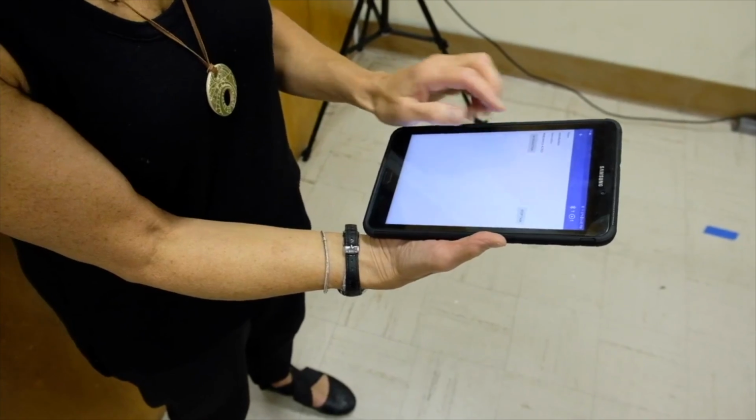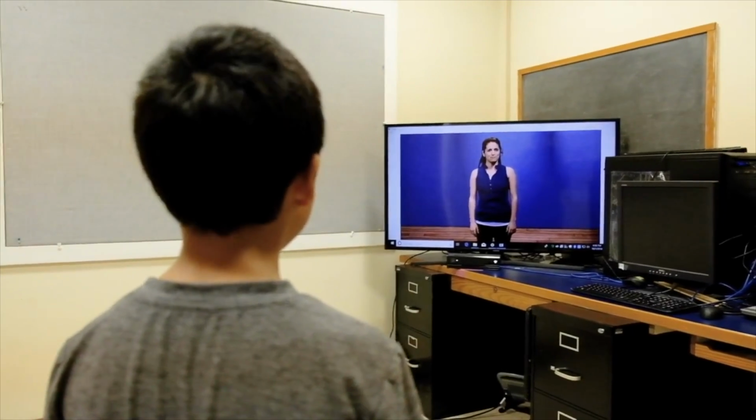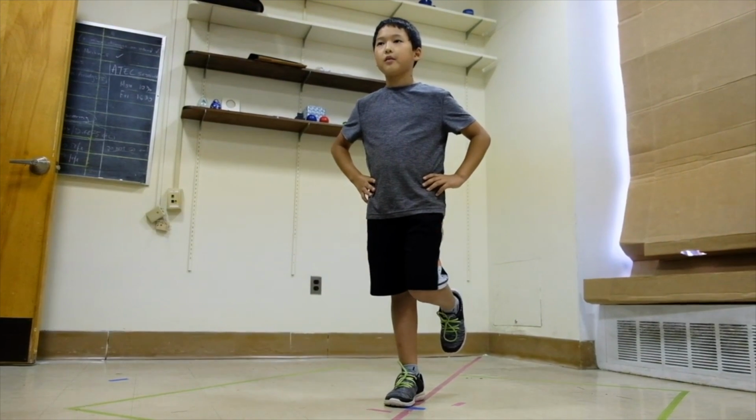Then that segment ends, and the technician asks if the child understands and makes sure that the child is in the right position and ready to go, and then pushes another button, and Eliza administers the task itself. And when that's over, we move on to the next one.